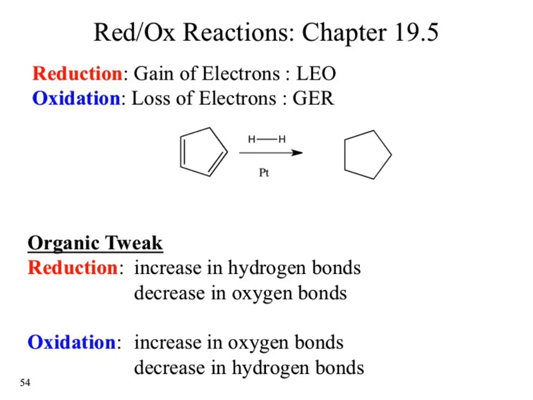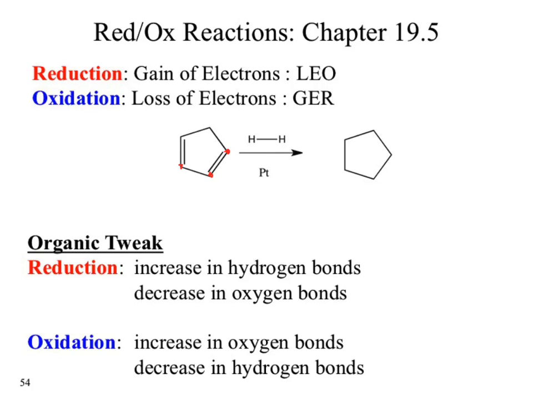So our organic chemistry tweak. Reduction is an increase in hydrogen bonds, okay, or a decrease in oxygen bonds. Oxidation is then going to be the flip of that. Increase in oxygen bonds or a decrease in hydrogen. So if we take a look at our reaction here, where's the chemistry occurring? Where the pi bonds are.